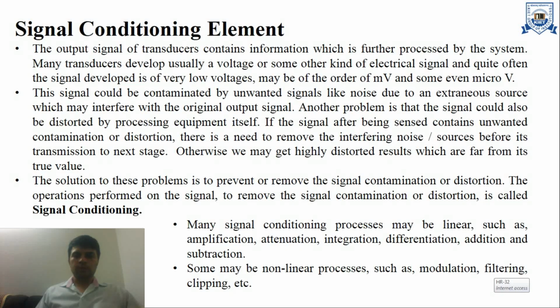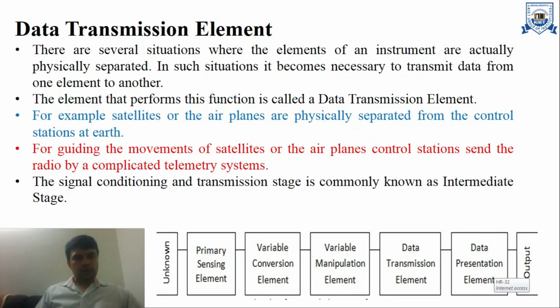The operations performed on the signal to remove the signal contamination or distortion are called signal conditioning. Many signal conditioning processes may be linear, such as amplification, attenuation, integration, differentiation, addition and subtraction. Some may be non-linear processes such as modulation, filtering and clipping, etc.